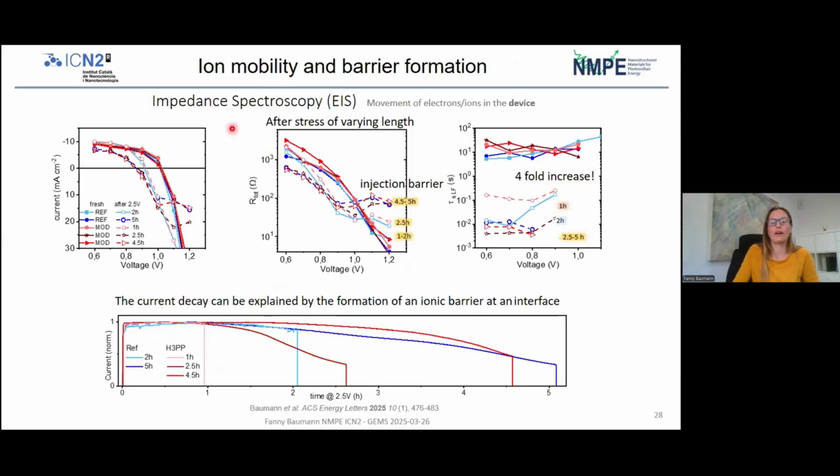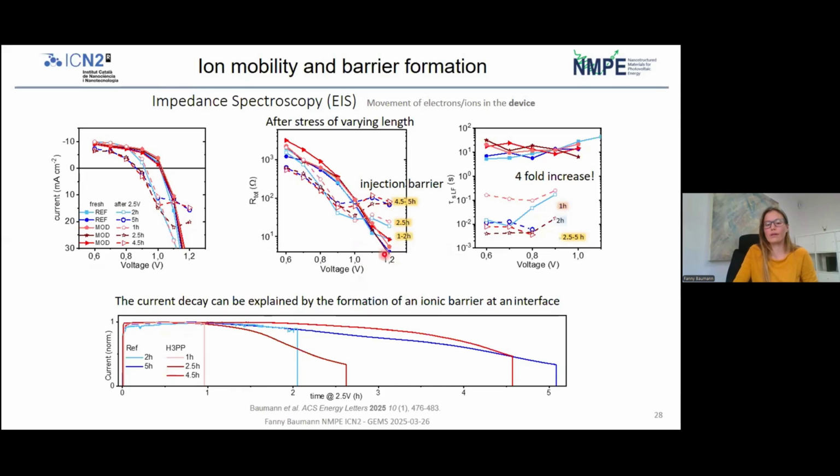So in impedance spectroscopy, we did measurements at a modulation of 10 millivolt, and we scanned a steady state JV curve here. And what we can see is that over time, there's this injection barrier forming, which is represented as a resistance at the injection-producing voltages.